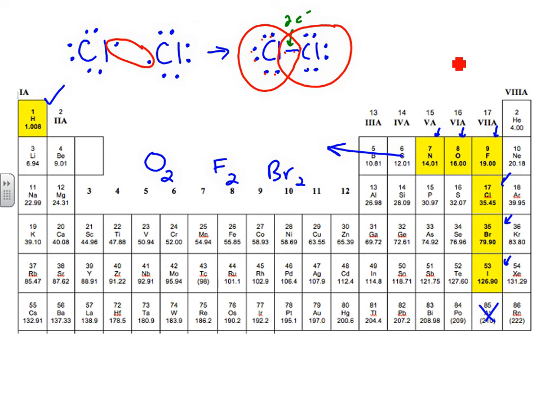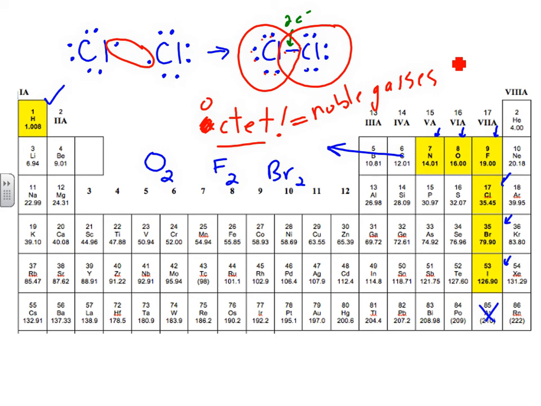So the octet, whoops, should be an O, octet, is why these are diatomic, because they want to be like the noble gases. And then you can analyze oxygen and fluorine and hydrogen, and each one of them will do the same thing. Now hydrogen's octet will actually be like helium.